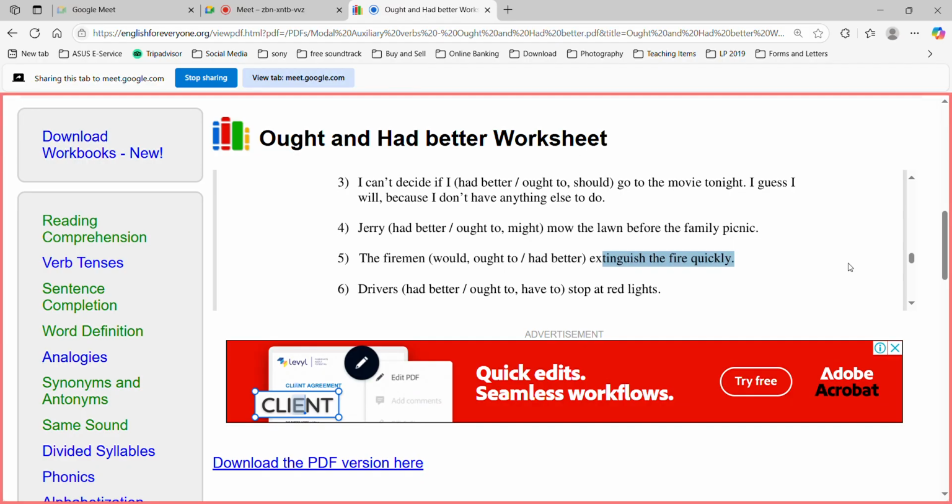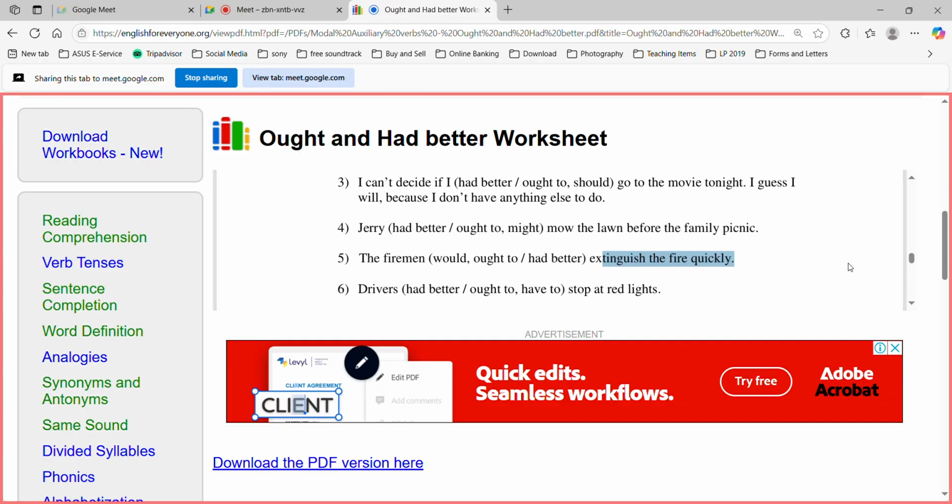I want to test your capability. If you don't extinguish the fire quickly, it will be burning. Yes. So the firemen did their job. They have to extinguish the fire quickly. Otherwise, the house will be burning into the flame.